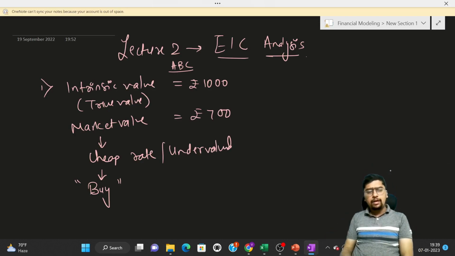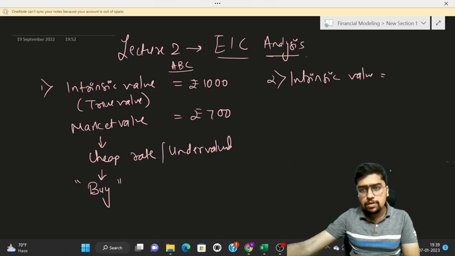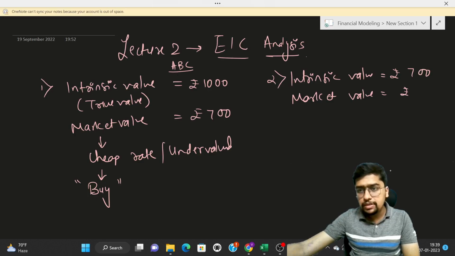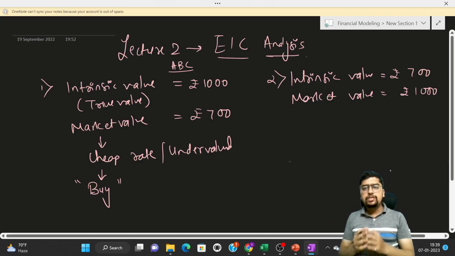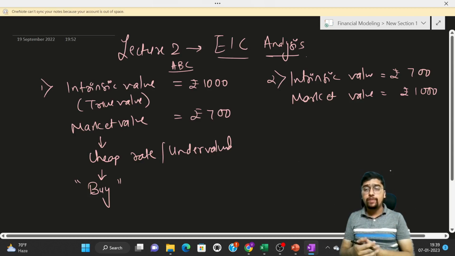Can there be a different scenario like this where we can say that the intrinsic value is rupees 700 and the market value is rupees 1000? Means the true worth of the company is only 700, but the market has a value of 1000.